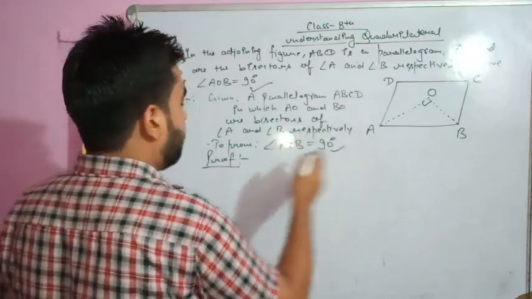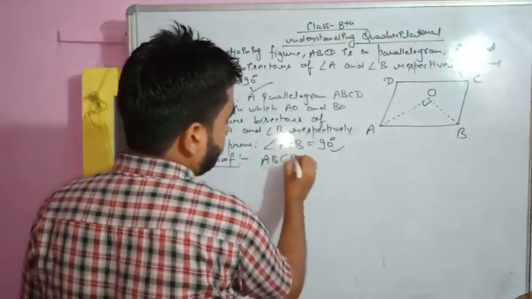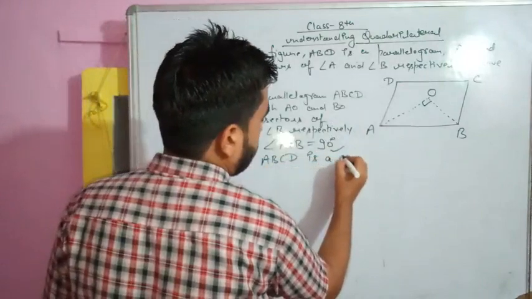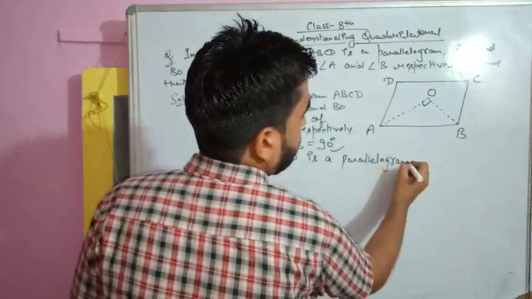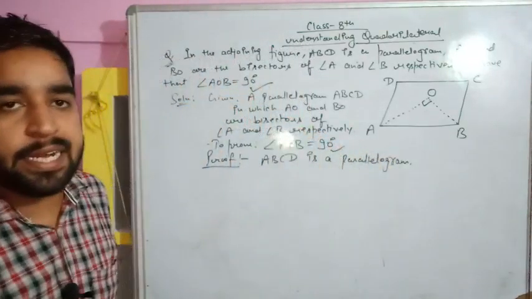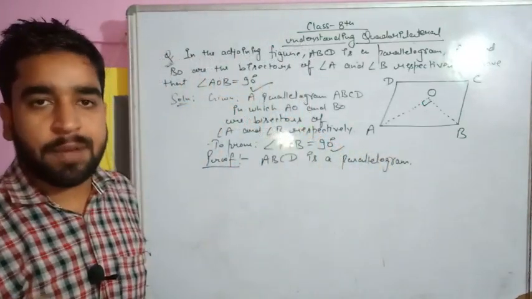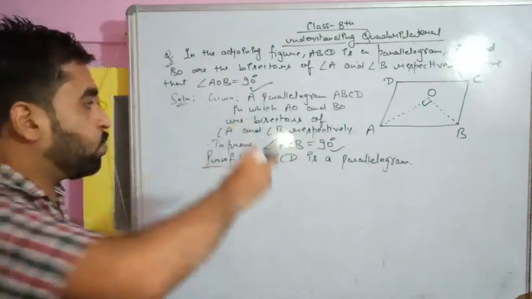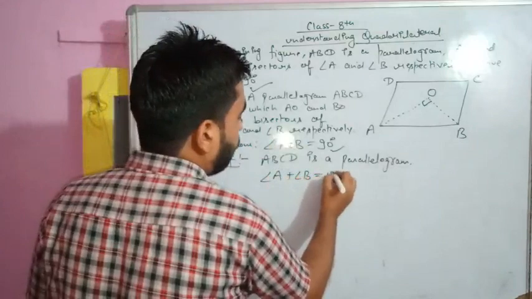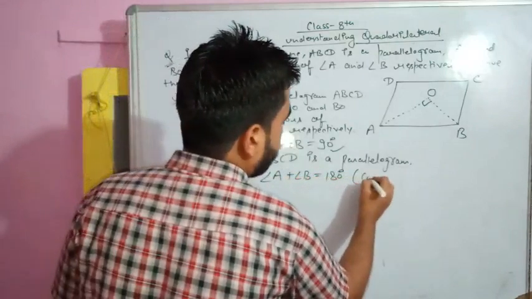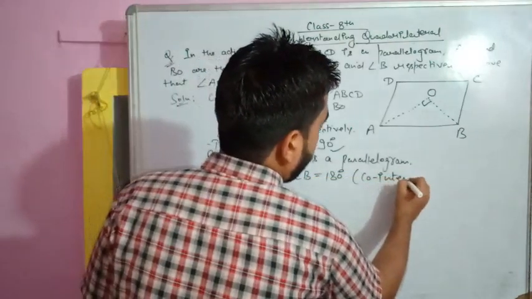So students, ABCD is a parallelogram. What is the property of a parallelogram? The property of a parallelogram is that adjacent angles of the parallelogram are always supplementary. So there is no doubt that angle A plus angle B is equal to 180 degrees. Why? Because these two are co-interior angles.